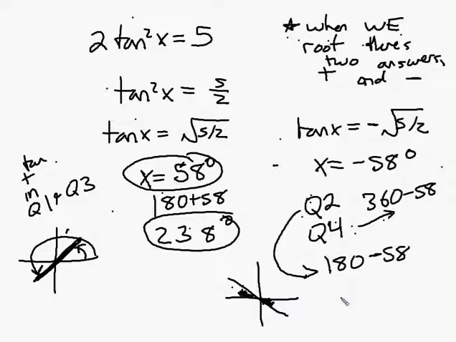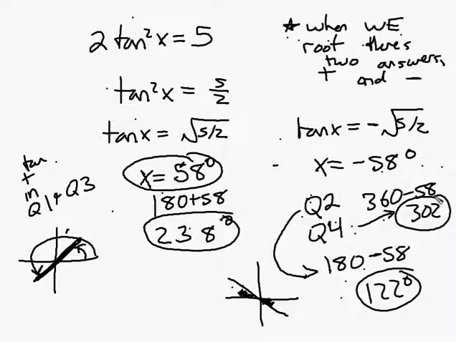So if you're wondering why I ignored the negative, that is why. So 180 minus the 58 is 122 degrees. For your homework, I think I'm okay if you round to the nearest whole degree, just so we're making our work a little less complicated. It's complicated enough, isn't it? I think we get 302 here. So 302. So these are all our answers for this case.